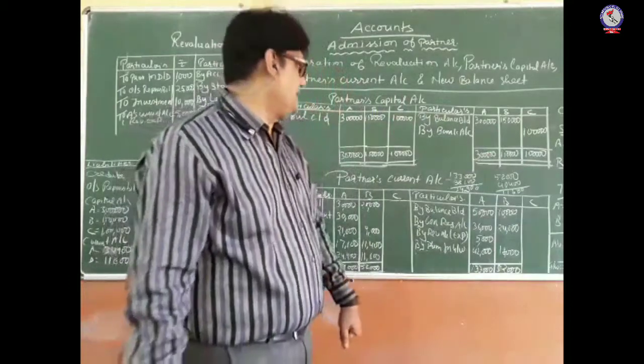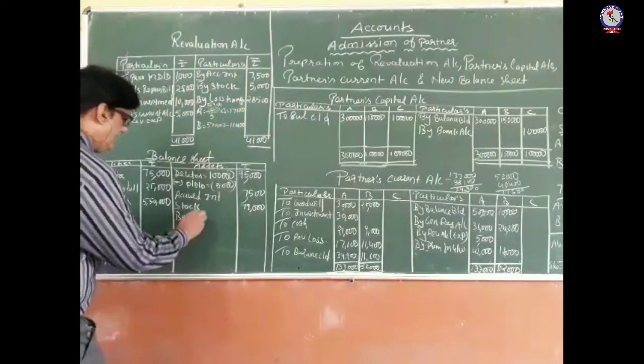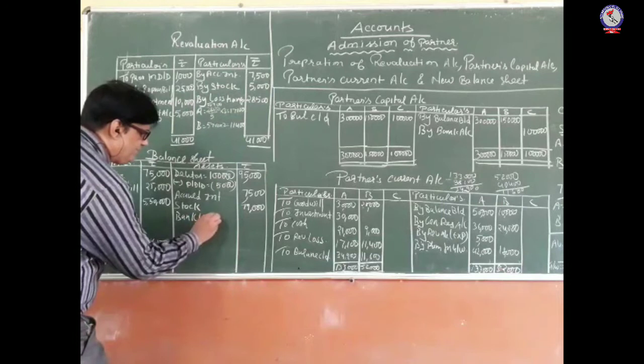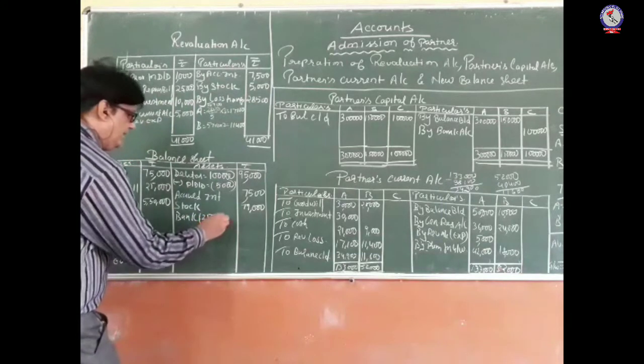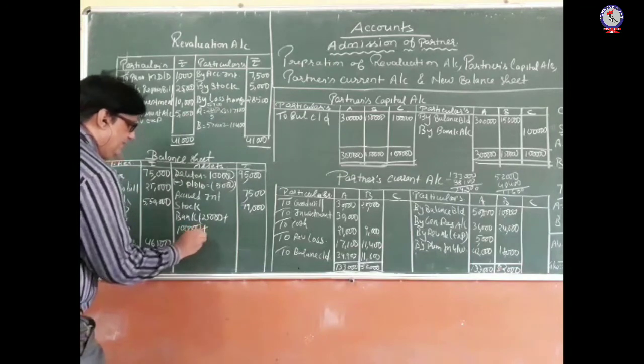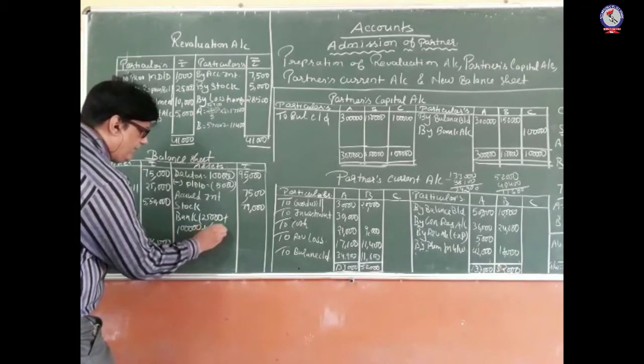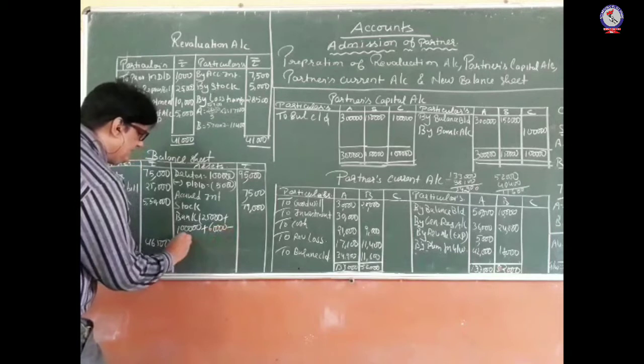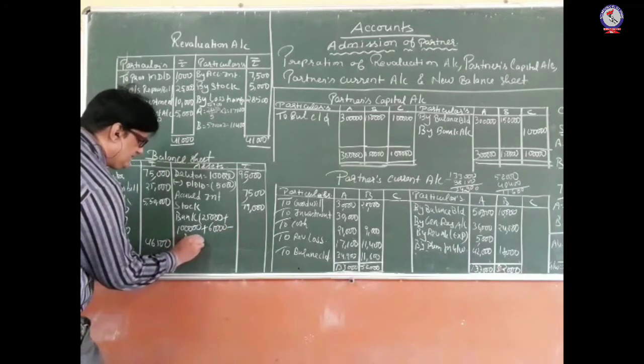So 160. Okay, so bank account already has an opening balance of 25,000 plus 1 lakh rupee capital of C plus 60,000 premium amount of C and minus 30,000 which the partner has withdrawn.